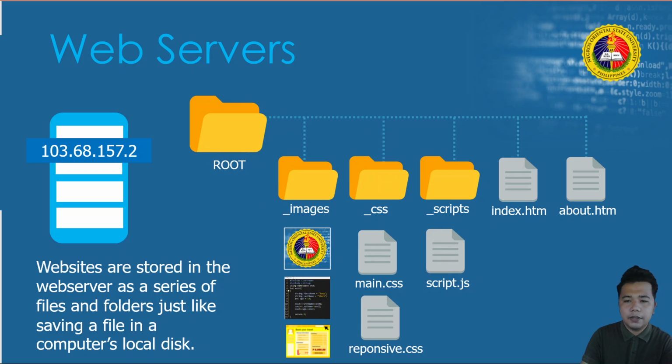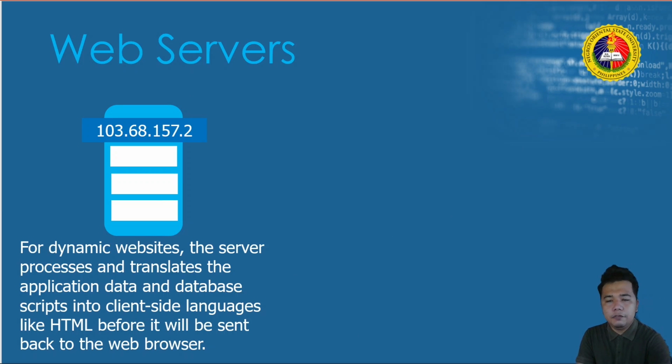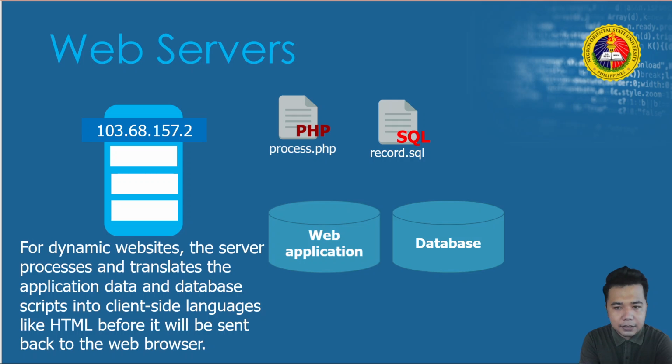That may include the actual HTML and other structuring scripts, style sheets, JavaScripts, images, and many more. Now, for dynamic websites, the server processes and translates the application data and database script into client-side languages like HTML before it is sent back to the browser.